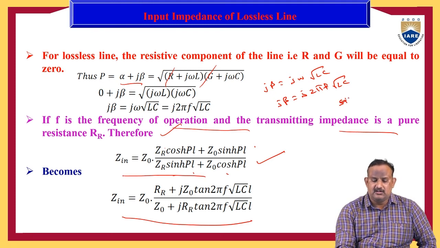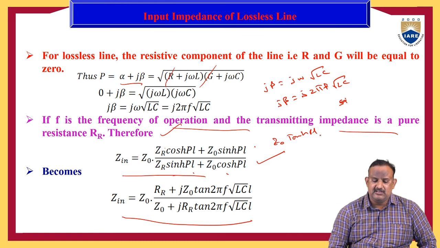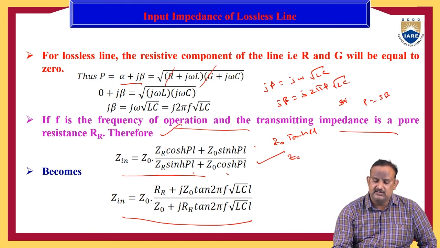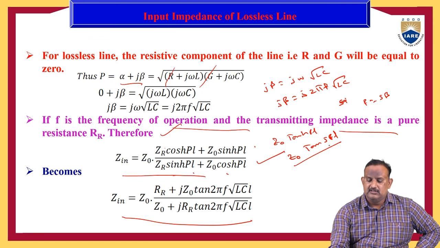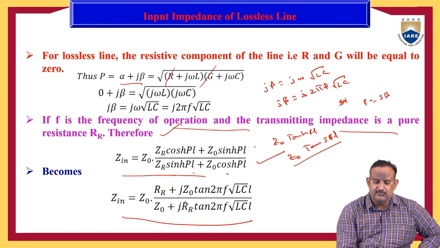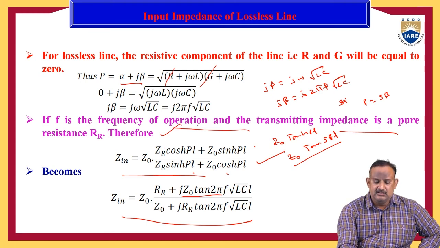If we divide the equation by cosh PL, it becomes Z0 tanh PL, but P is nothing but J beta. Therefore, it is Z0 tan J beta L, but tanh J beta L equals J tan beta L. Therefore, J Z0 into tan beta L, where beta is nothing but 2 pi f root LC.